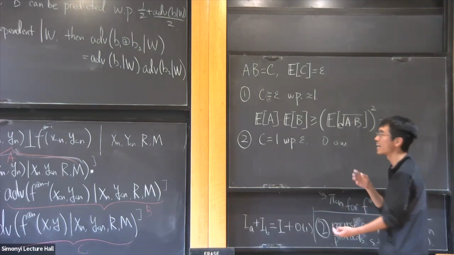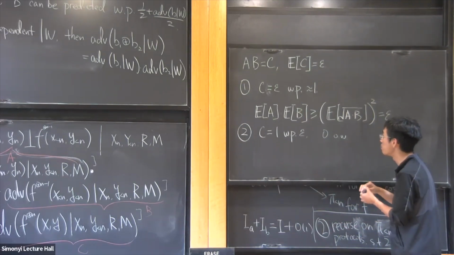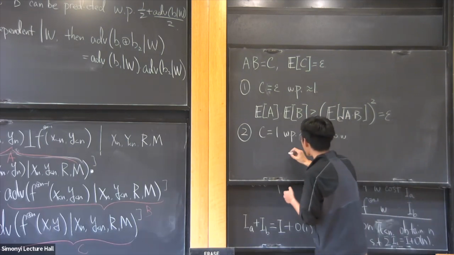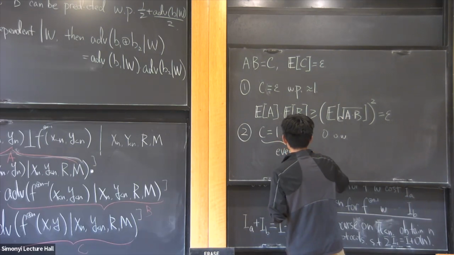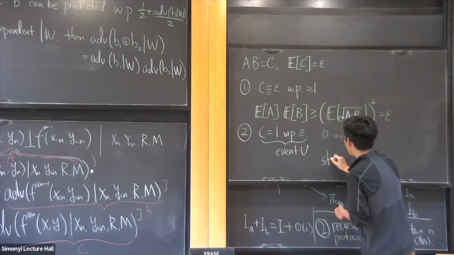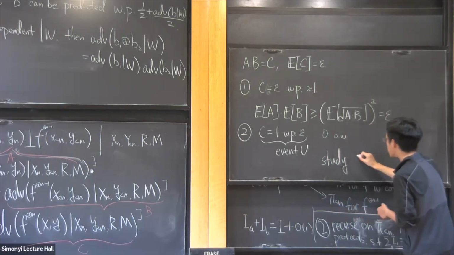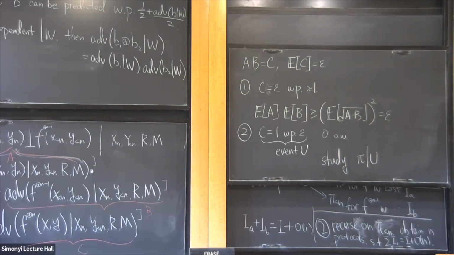And it turns out that the idea from the direct product theorem proofs, or some variant, can be used here. So let's denote this event by U, and then we're going to study the distribution that is pi conditional on U. Pi is some well-defined distribution, and U is an event, so we can study pi conditional on U. But pi conditional on U is not necessarily a protocol, right?